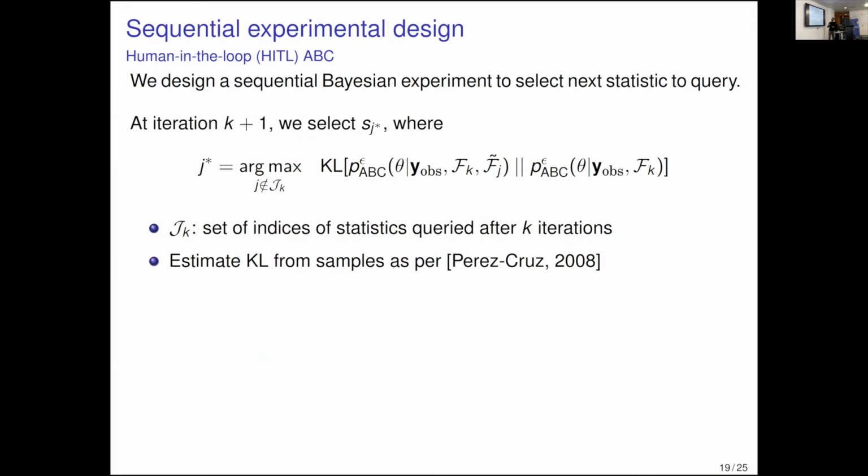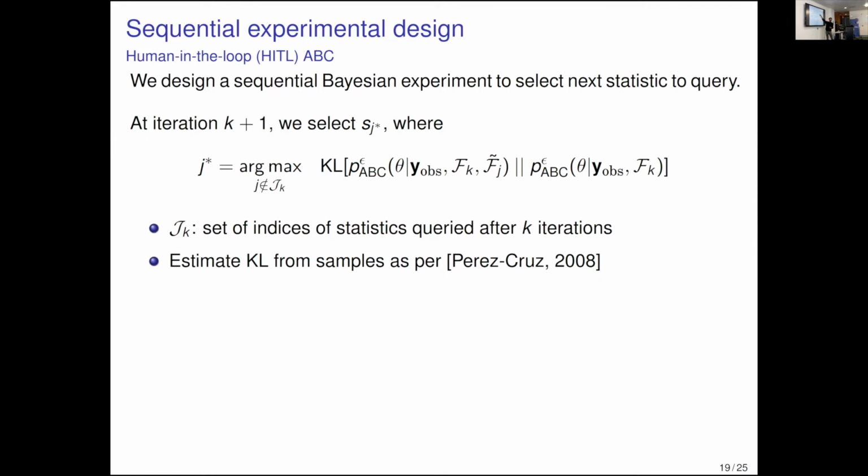Now we can construct our experiment, which is at, let's say, iteration k plus 1. We select the next statistic according to this rule. So we find which statistic in the remaining pool of statistics, if we add them, leads to the highest amount of change in our posterior. So this is the current posterior at iteration k, what we have gotten. And then we figure out, of the remaining statistics, which one should I add?